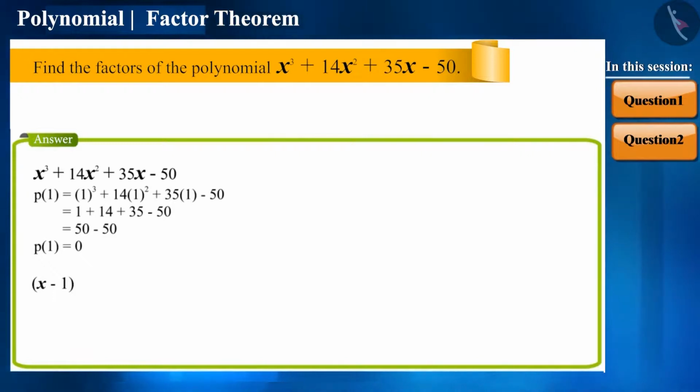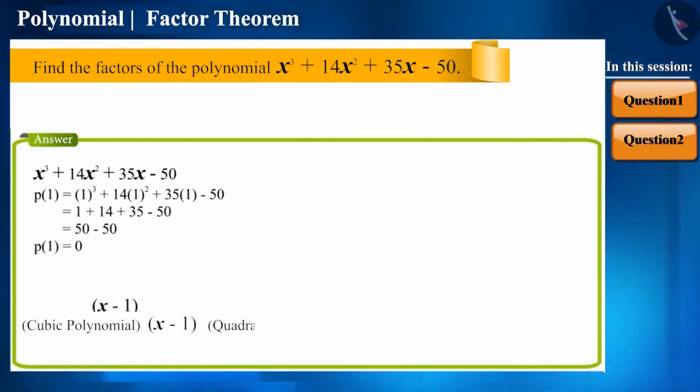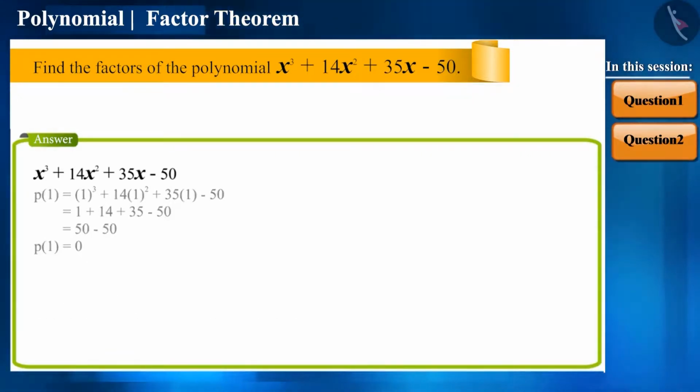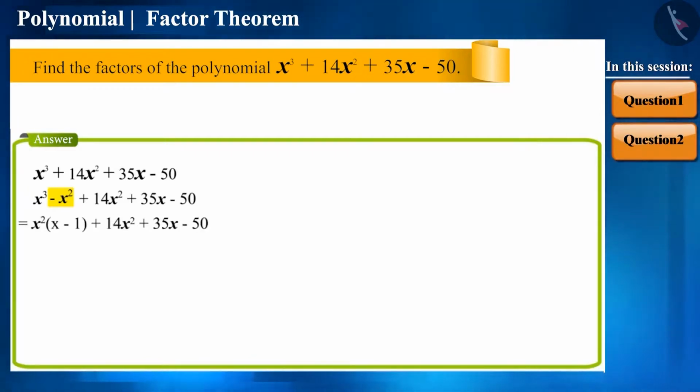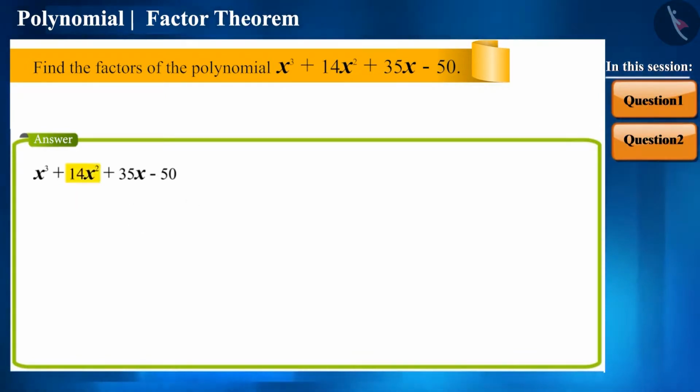So, now let's take x minus 1 common from this cubic polynomial. If this polynomial had minus x square after the first term, then after taking out the common x square, we will be able to write like this. But here, instead of minus x square, we have 14x square. So now what?